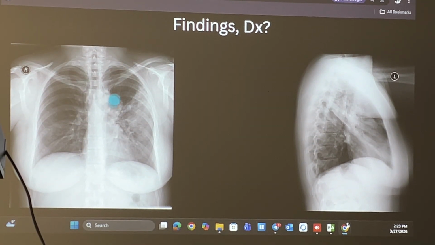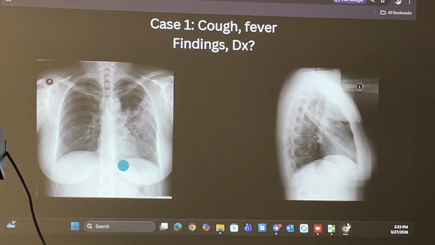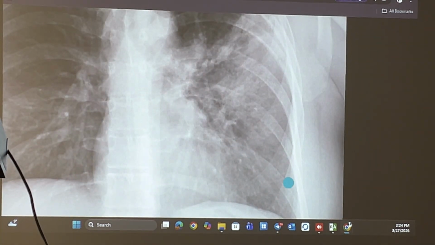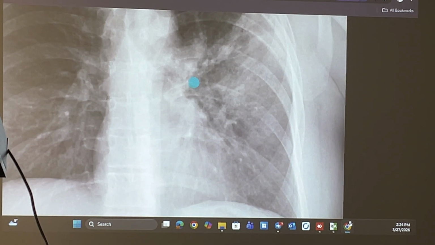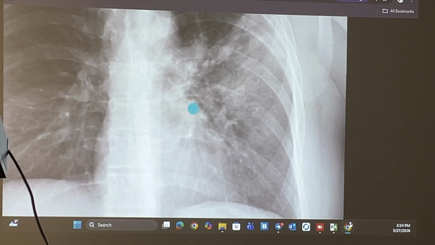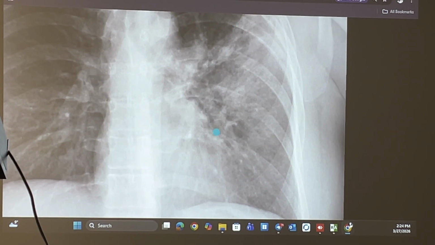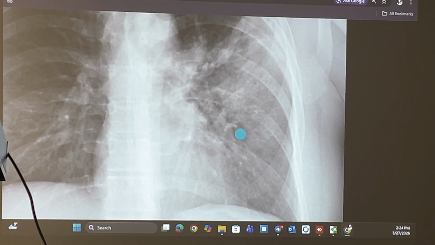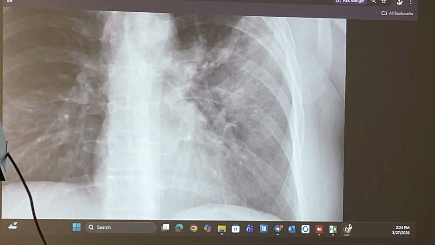So here we see, what other findings can you see? These are bronchi. We are seeing the air bronchogram here. The diagnosis is pneumonia.